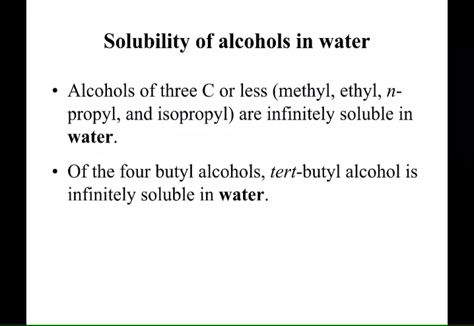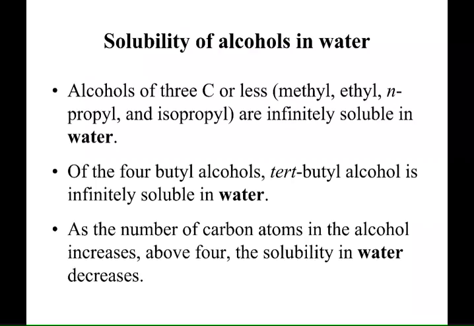It's still called soluble. And this one is only, what's it say? This one is infinitely soluble. Hang on. That didn't work right. As the number of carbons in an alcohol increases above 4, the solubility in water decreases.